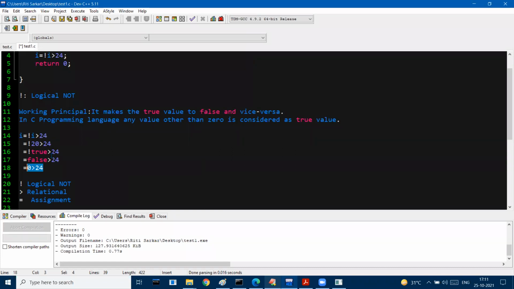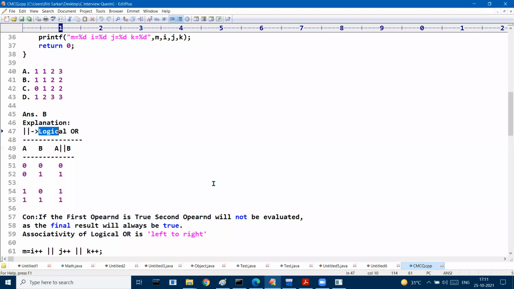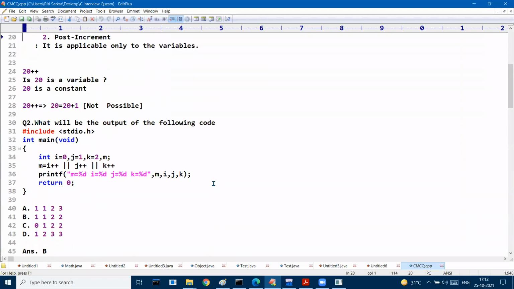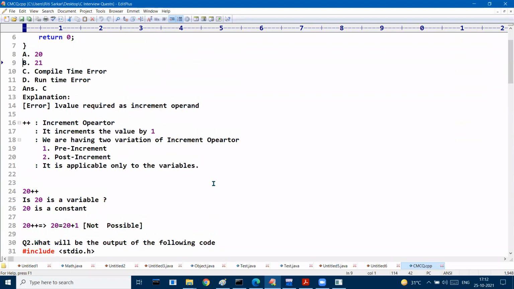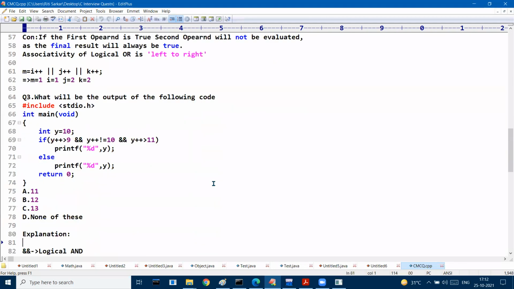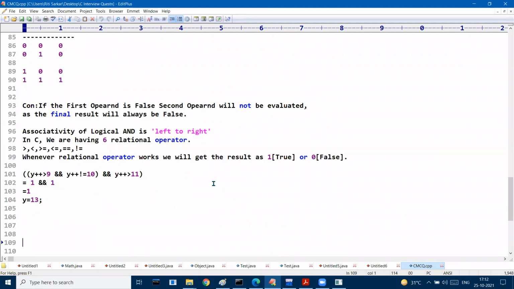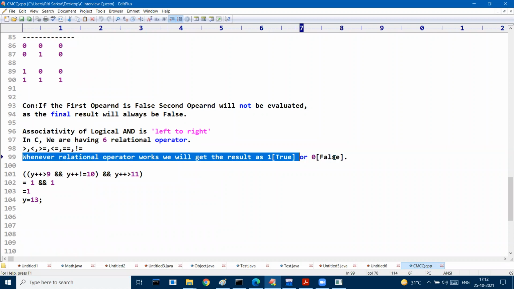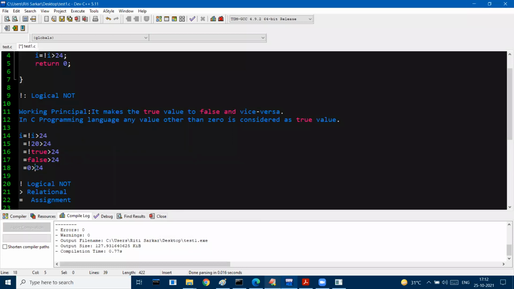No. 0 is not greater than 24. In the last session we said that whenever a relational operator works, it gives the result as true or false. Here the relational operator is working, and 0 is greater than 24? No, false.